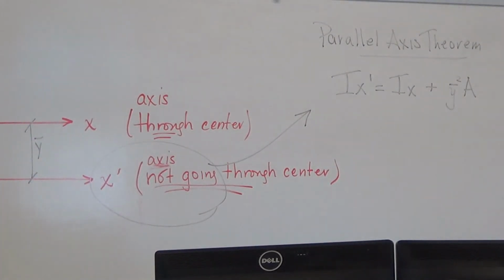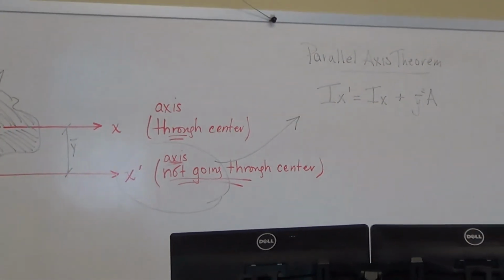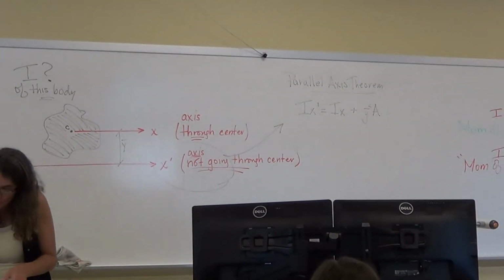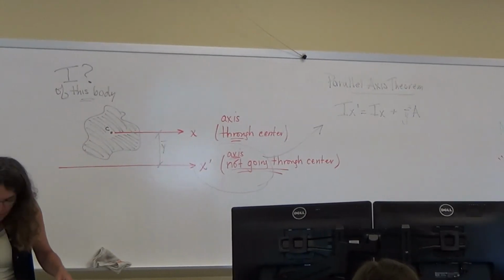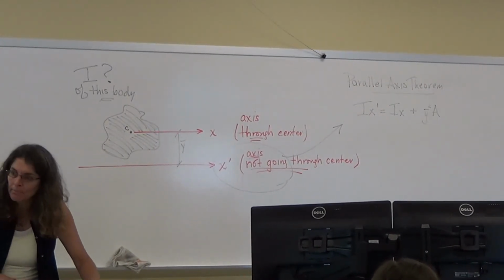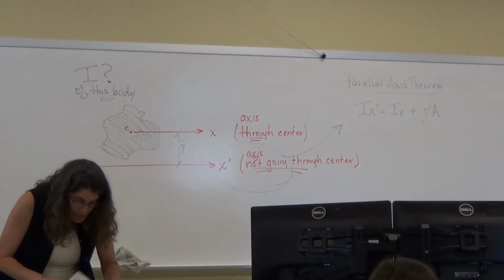So let's look at the first problem. What's the first homework problem? 33. 31? Yeah. Okay, chapter 10.